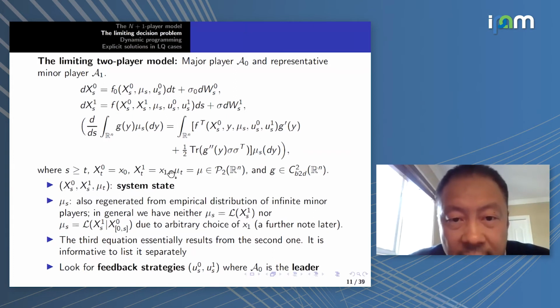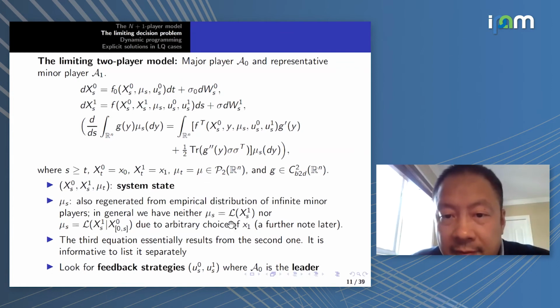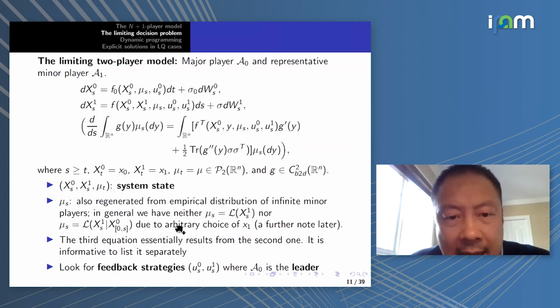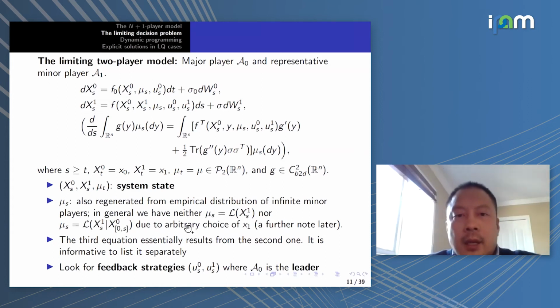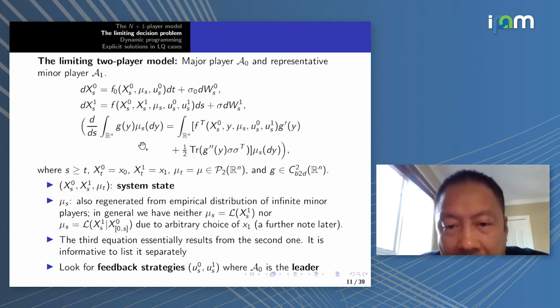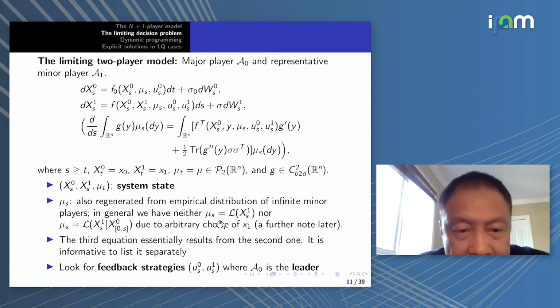So this xt1 almost has nothing to do with this. For this reason, we do not expect to have the equality property, either this version or the second version. This is a little bit different from the treatment of the mean field in the literature when other people dealt with major players. They very often use conditional distributions. Here we will not do that.